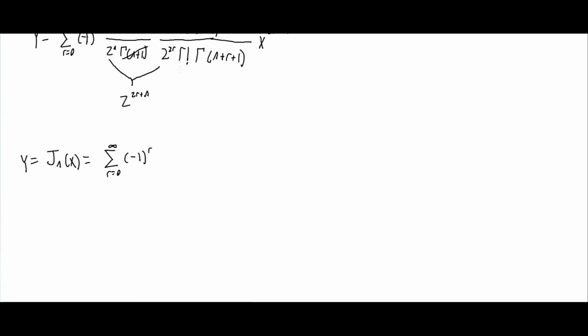And then after canceling out those gamma functions and combining the 2 to the n and 2 to the 2r, what we end up with is r factorial times the gamma function of n plus r plus 1, and 1 over that, and then we have x over 2 to the 2r plus n. So I just combined these two 2's here and then put that under the x.